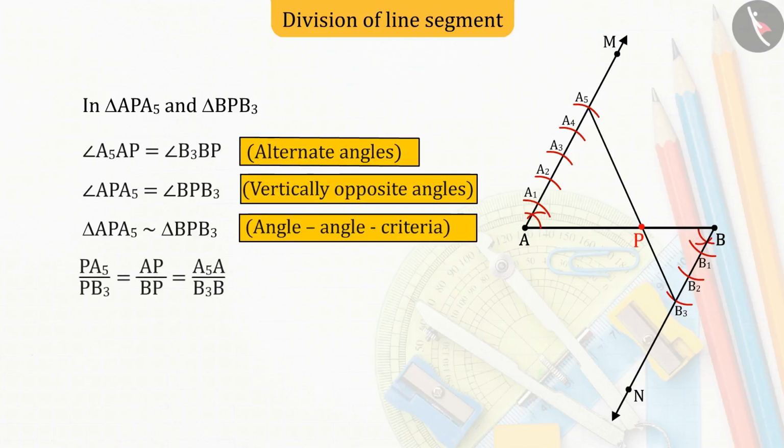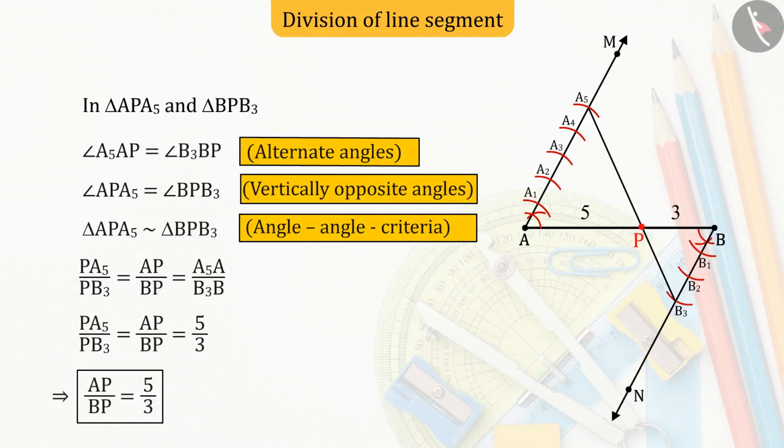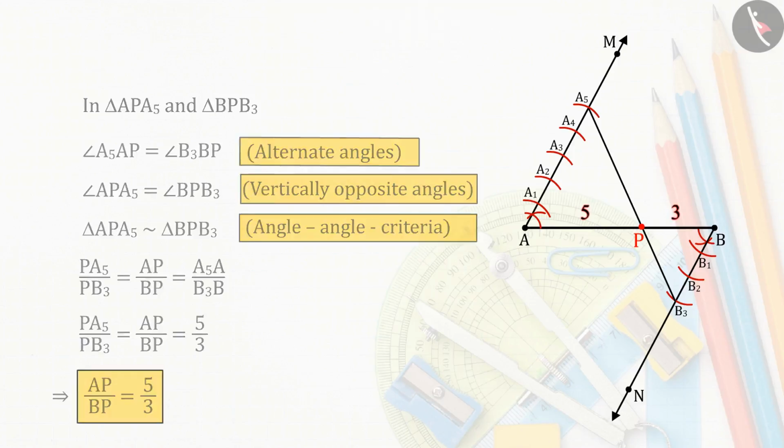And we know that the corresponding sides of similar triangles are mutually proportional, from which we get the ratio of AP and PB as 5:3. So we can say that point P divides the line AB in the ratio 5:3.